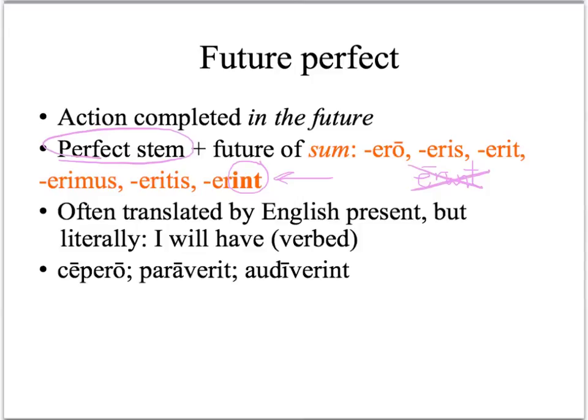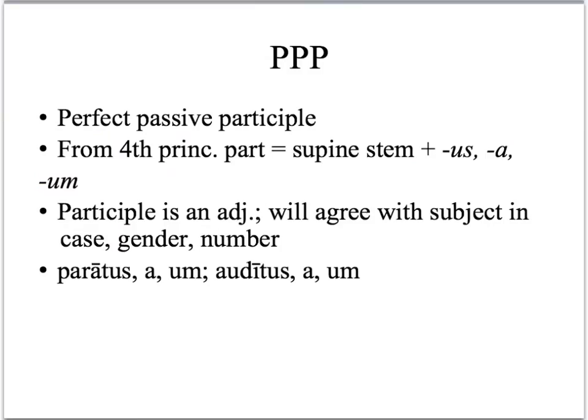So in the future perfect, the third person plural ending is erint. We often translate the future perfect into English using the English present, but literally, I will have in the future completed something. I will have done something. Cepero, I will have captured. Paraverit, he, she, it will have prepared. Audiverint, they will have heard.